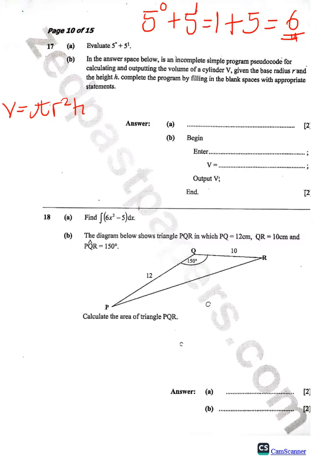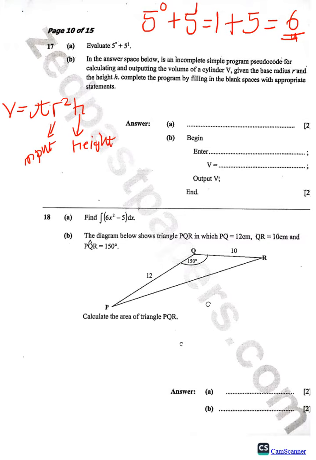Volume of a cylinder V is equal to pi times the radius squared multiplied by height. Now since pi is a constant value, a constant value is never considered to be an input. So in our case, the inputs are the radius and the height. These two values denote the inputs that we have.